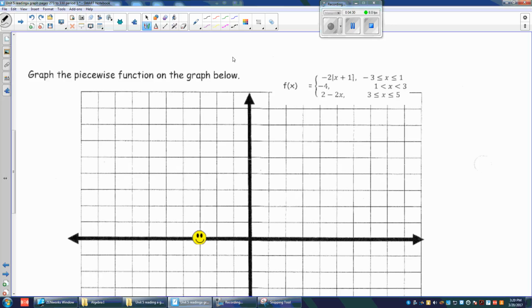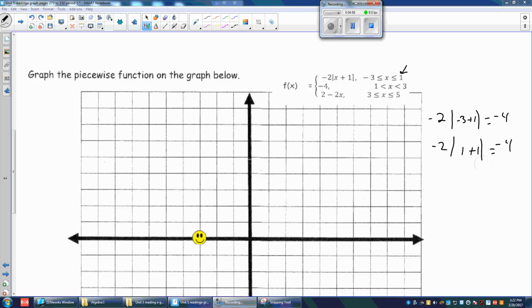I'm going to plug in -3 into the equation. -2 times the absolute value of -3 plus 1 equals -4. Now I'm going to plug the endpoint 1 into the equation. 1 plus 1 equals -4.